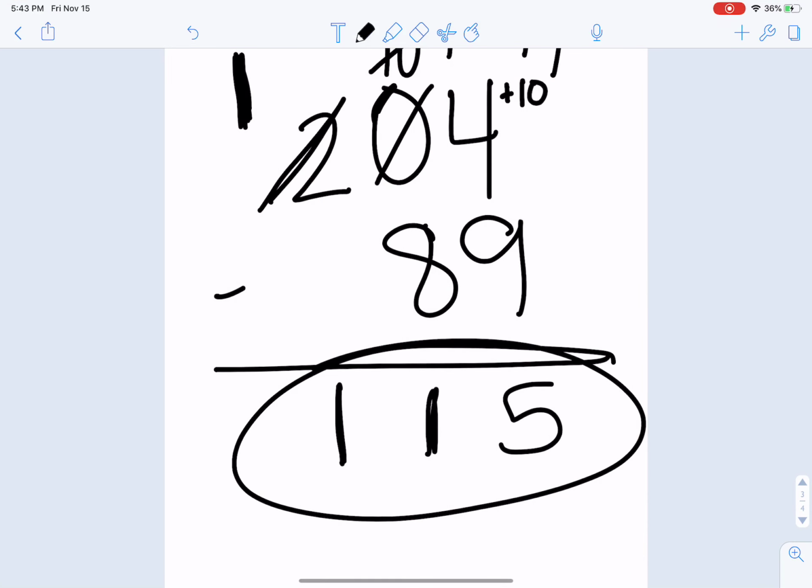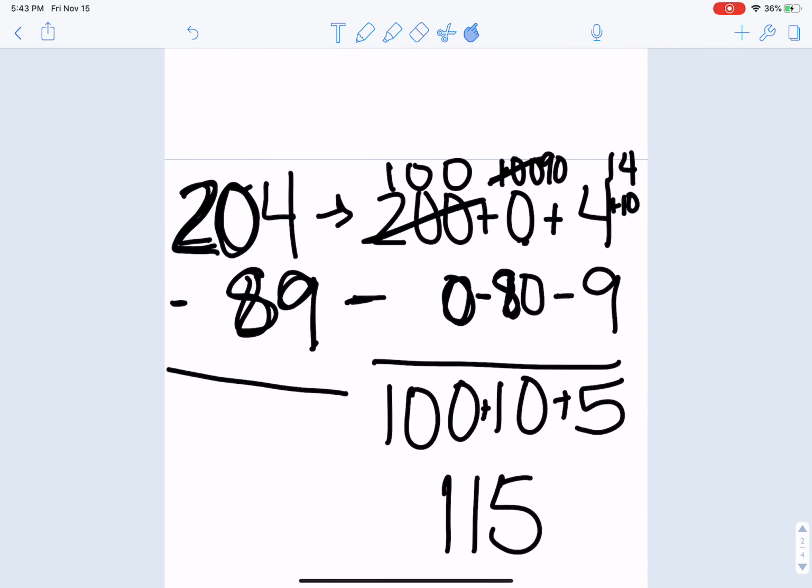In third grade, the students would move up a step where they're no longer having those manipulatives, but they can expand the problem to easily see the hundreds, tens, and ones places and how those are moved around in a problem.